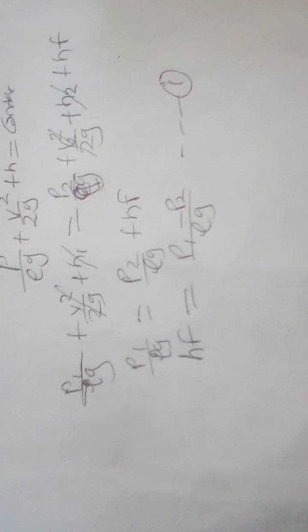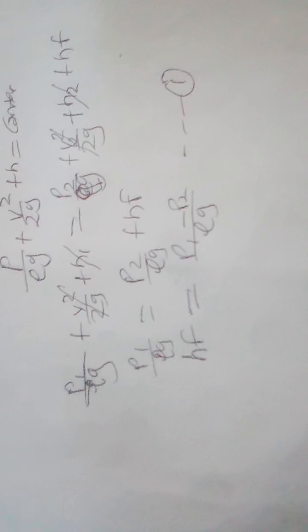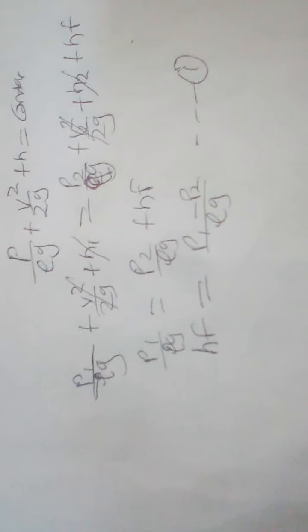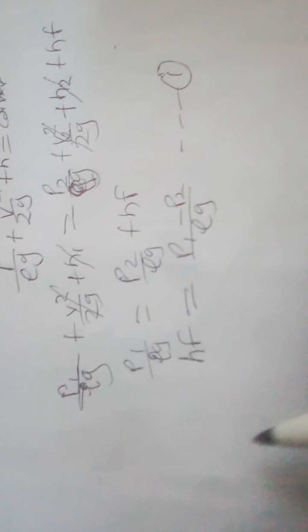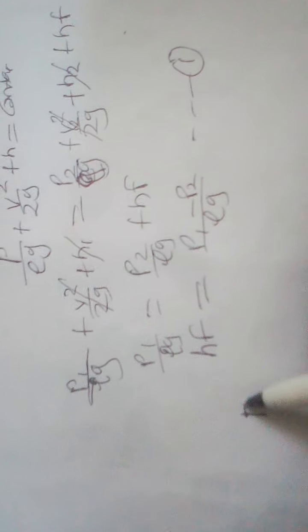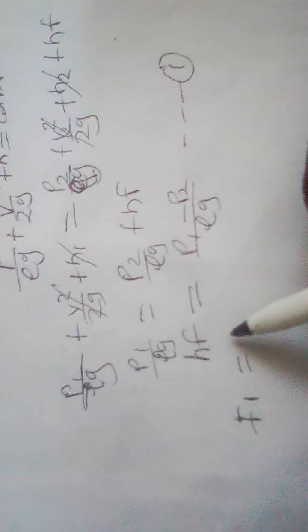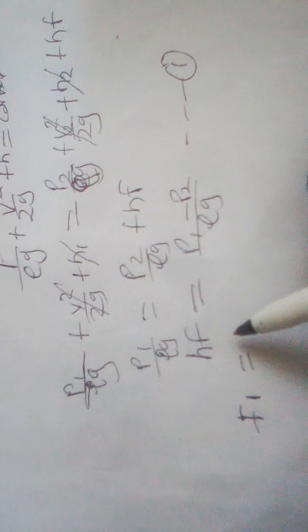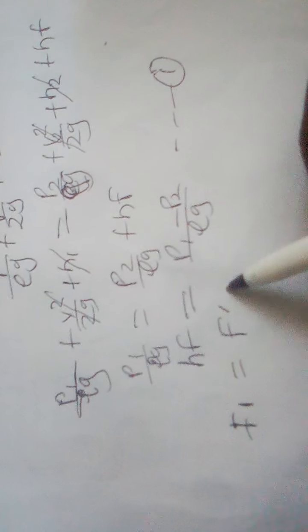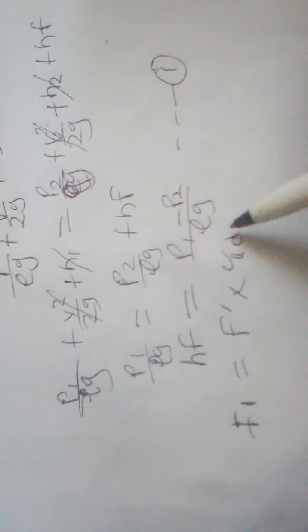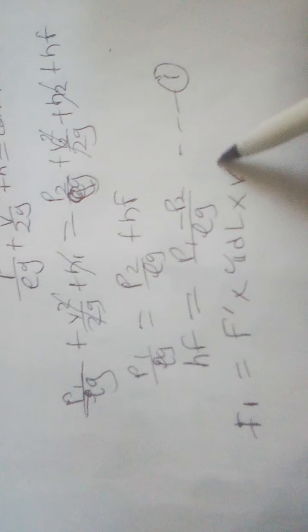Then we go to the next step, which is finding friction resistance. And now we have the formula for finding friction resistance. Friction resistance is found by f times pi d L times V squared.